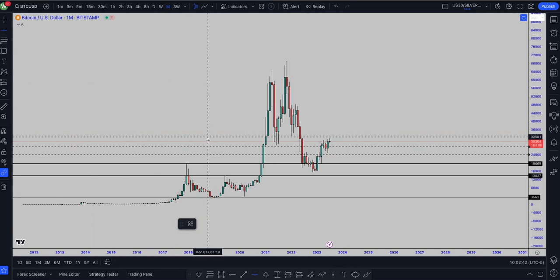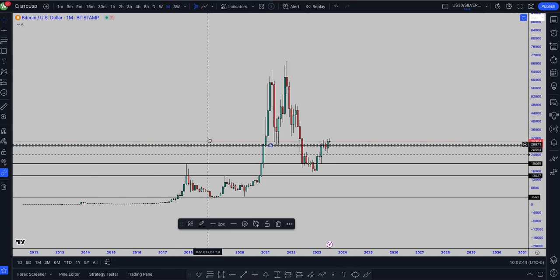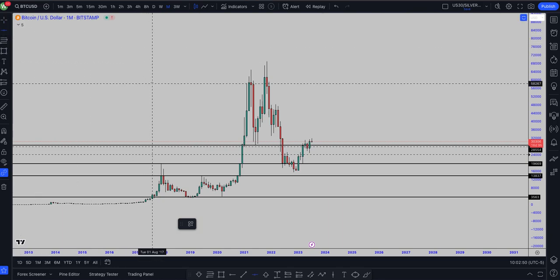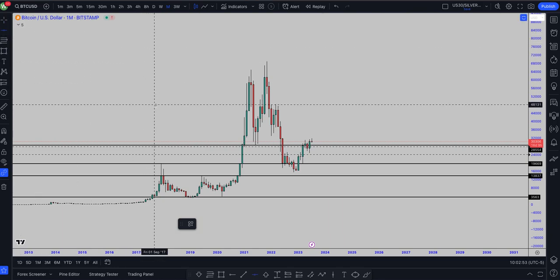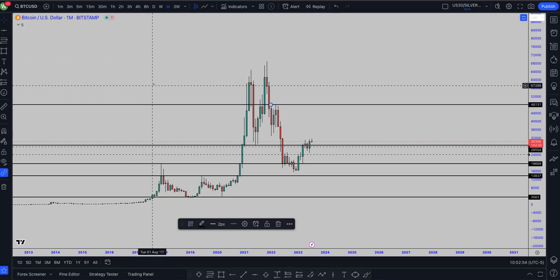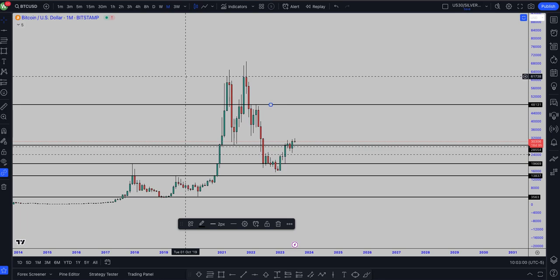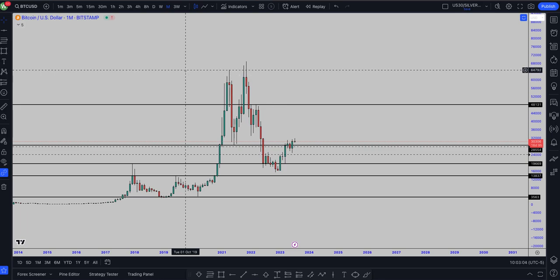And you can see another one right here. And then we can see another one here. We can see another one also right here. Right, and we can see another one right here.